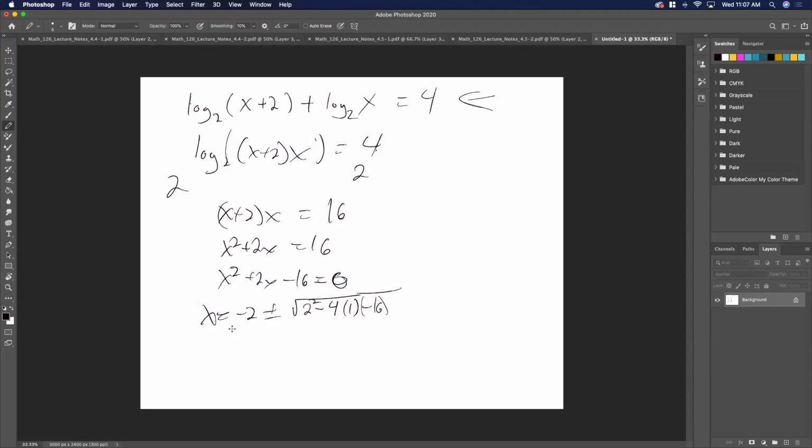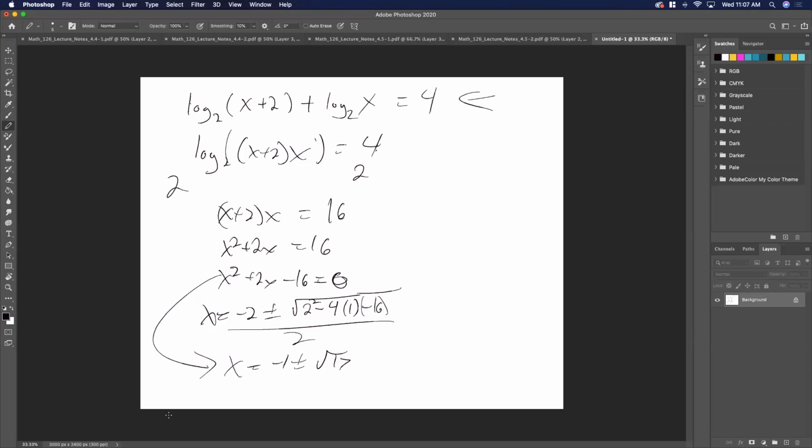What am I doing? All over 2. This will pump out negative 2. And then once you solve this down, you're going to get x equals negative 1 plus or minus the square root of 17. Oops, 17. Or you type it in a calculator. I'm perfectly okay if you type it into a calculator.